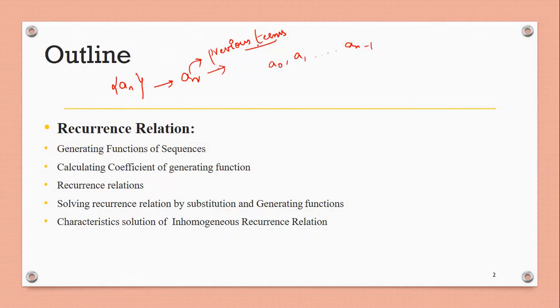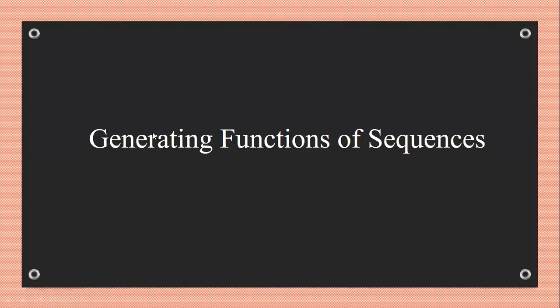A sequence is called a solution of the recurrence relation if its terms satisfy the recurrence relation. Now, before we start the introduction to recurrence relations, I will first explain the topic of generating functions of sequences.